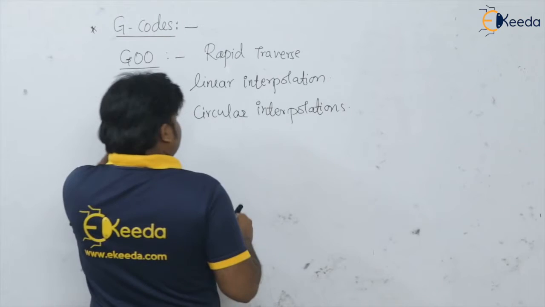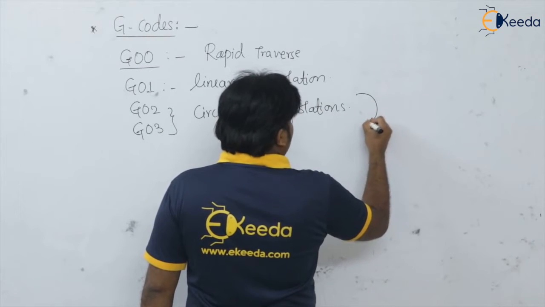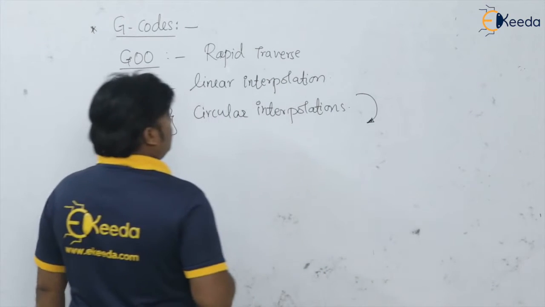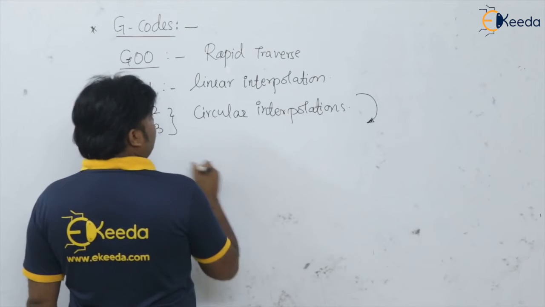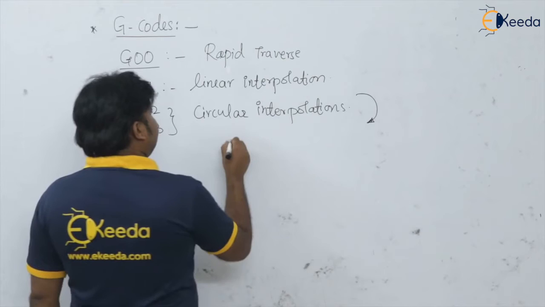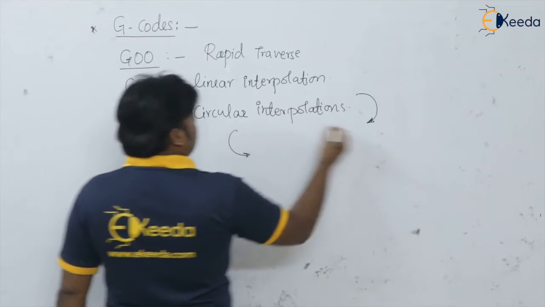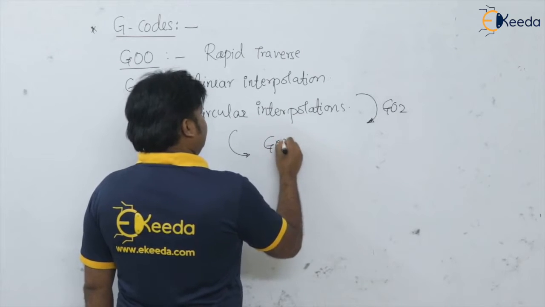G02 is for circular interpolation when we have clockwise rotation or clockwise movement, and G03 is when the rotation or movement of the tool is anti-clockwise. This is G02 and this is G03.